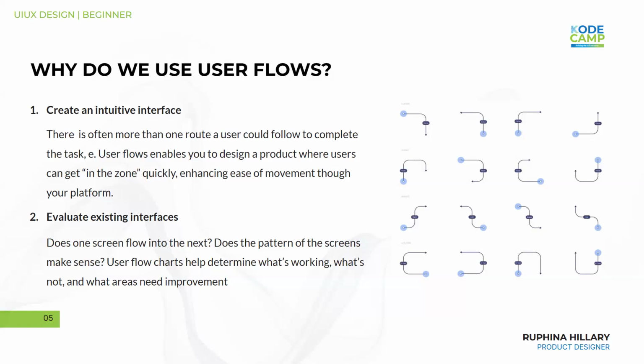So user flows enables you to design a product where users can get in the zone quickly, enhancing ease of movement through your platform. It also allows you to evaluate existing interfaces. So you ask yourself questions like, does one screen flow into the next? Does the pattern of the screens make sense? User flow charts help determine what's working and what's not, and what areas need improvement.